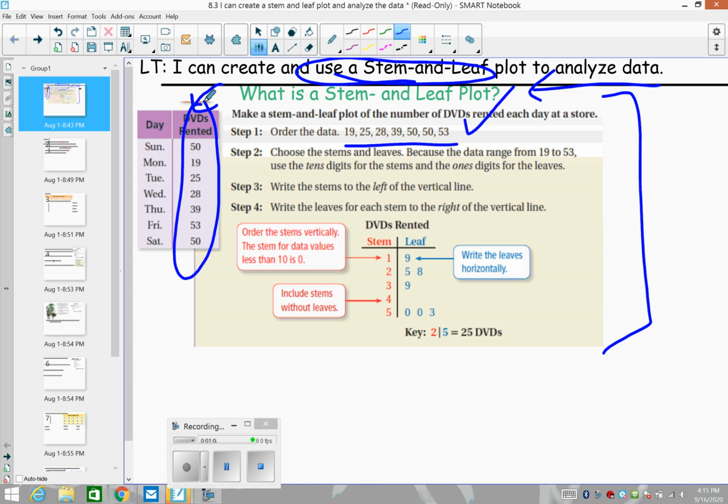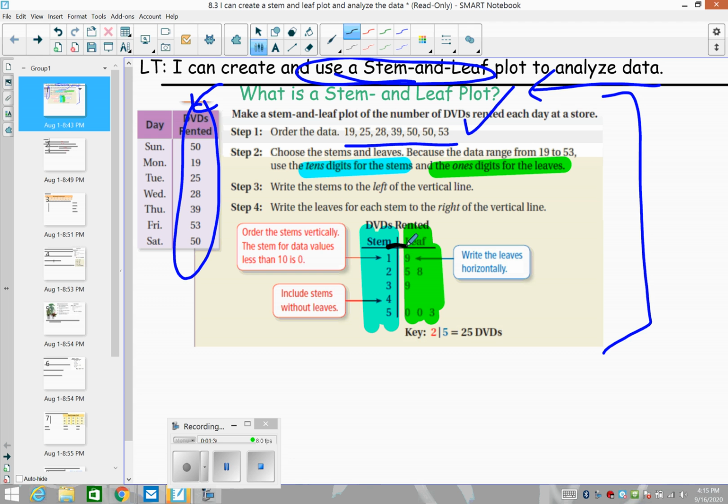The next thing you do is you choose your stems and your leaves. So it's not really a choice, it's just mathematical that the tens digit represents the stems. So here's your tens digit. And then it says that the ones digit represents your leaves. There's your ones digit. So if we look at the data, the first data point here would be 19.